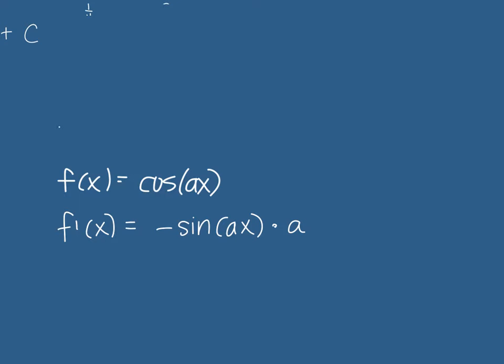Okay, so the antiderivative that would come from that would need to be opposite in all the different ways that I did. So instead of being negative sine, it will be positive sine of ax. Instead of being multiplied by the chain rule, it will be divided by the chain rule, and then it will be plus c.